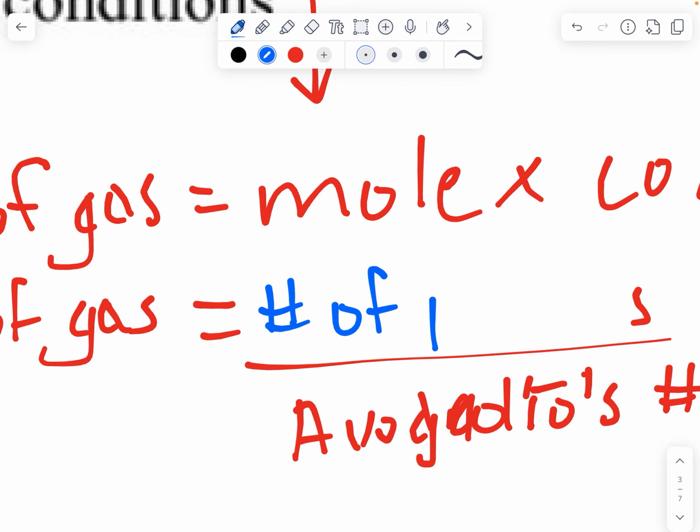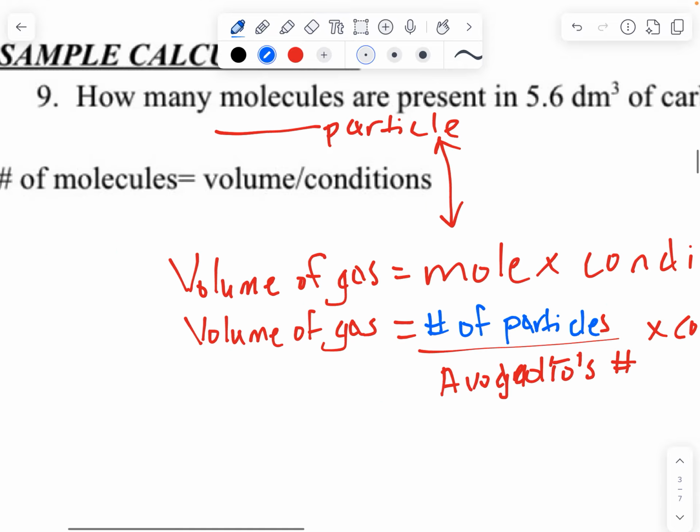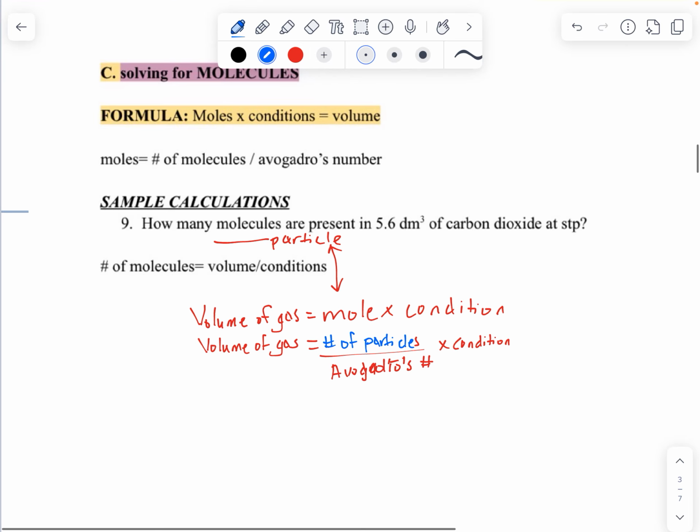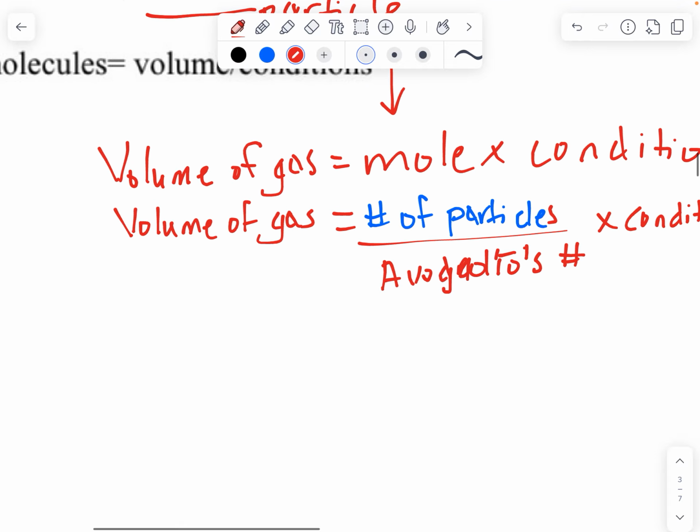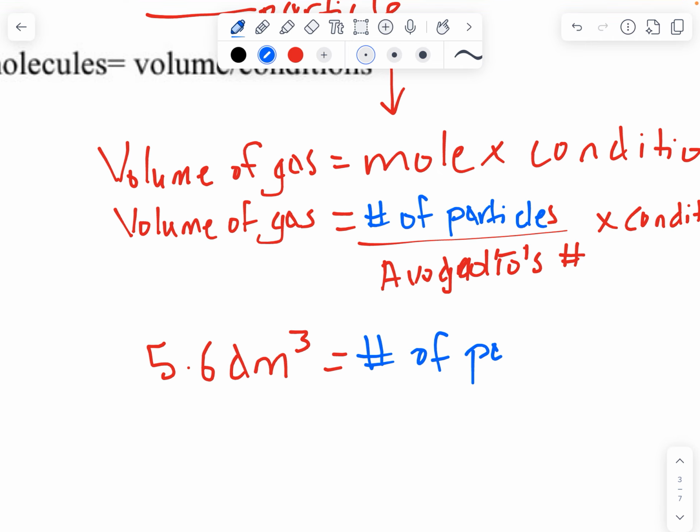Number of particles, because that's what we're solving for. The volume of the gas that we got was 5.6 dm cube, so we're just going to insert everything here, 5.6 dm cube. We're solving for number of particles, so I'm just going to leave that here.